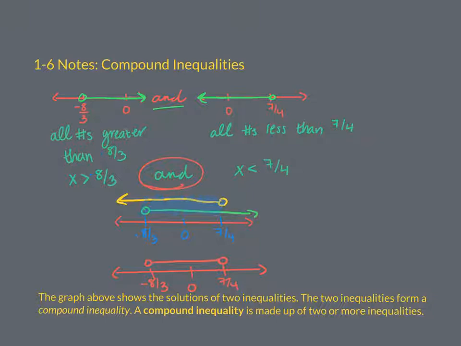Okay, and so that is a compound inequality. To be more precise, the graph above shows the solutions of two inequalities. The two inequalities form a compound inequality, and a compound inequality is made up of two or more inequalities. For our case, we're going to be strictly looking at two inequalities.